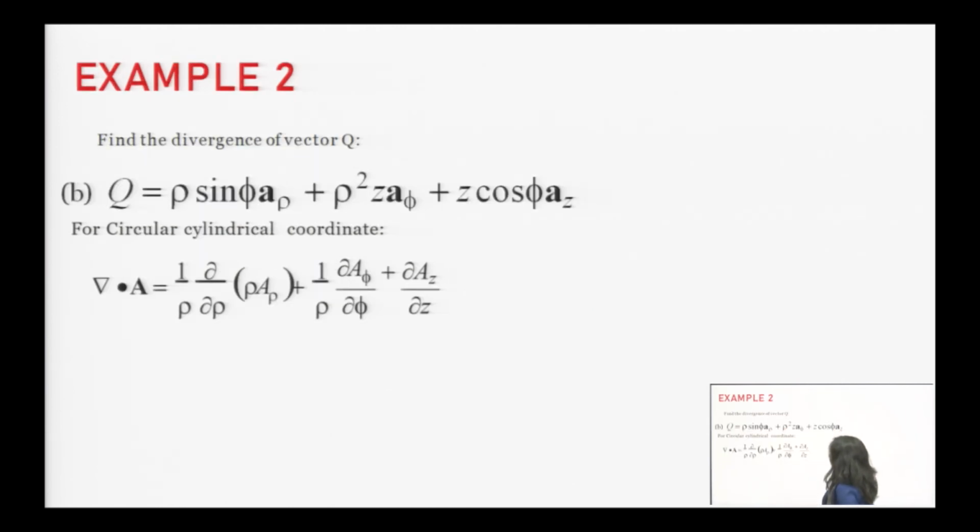Now let us see this problem. Here we need to find the divergence of vector q. As we have seen, here we are having one angle, this phi.